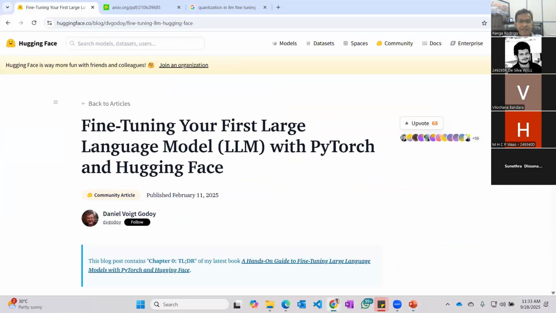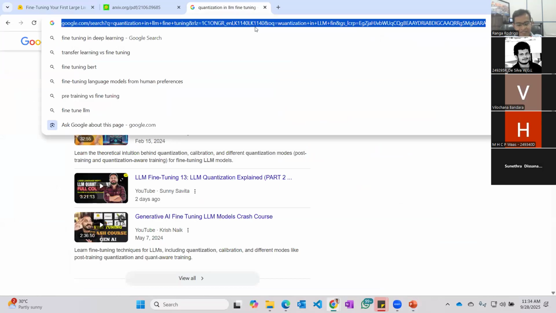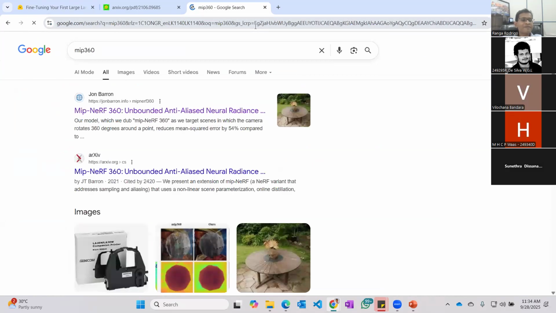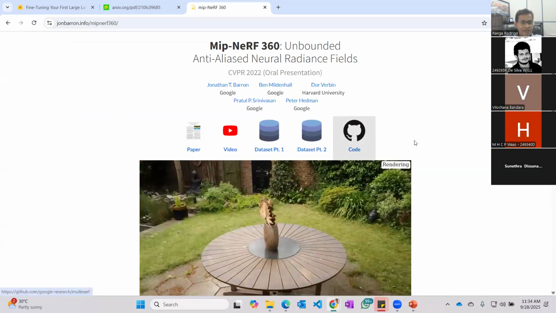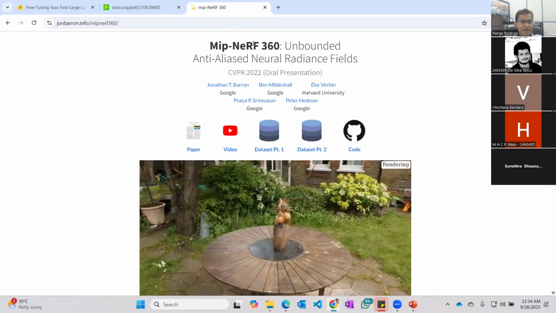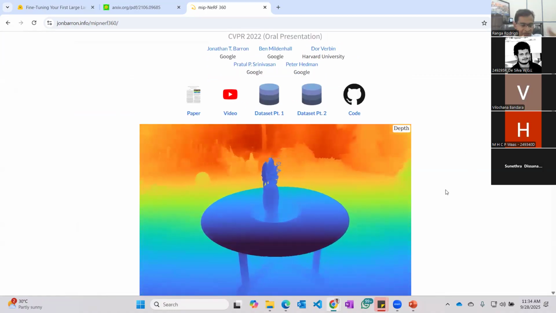Maybe you know that if you take this one, they are using so-called NeRF, neural radiance fields, to generate a 3D model of this scene.